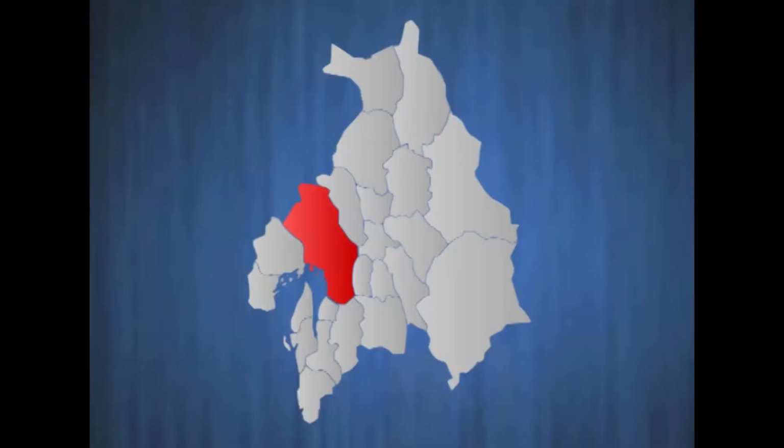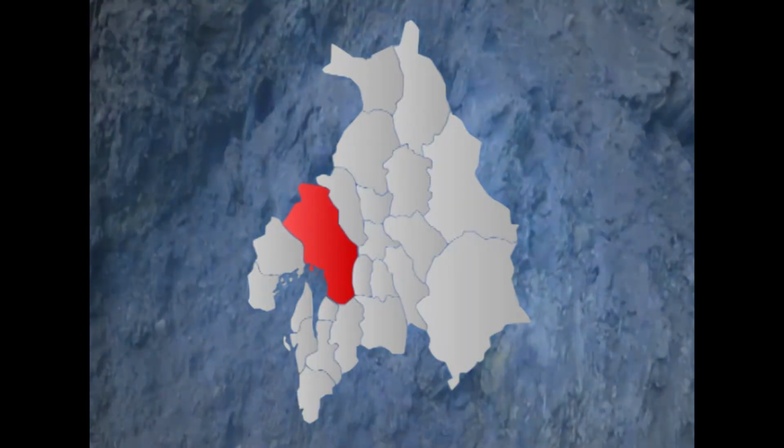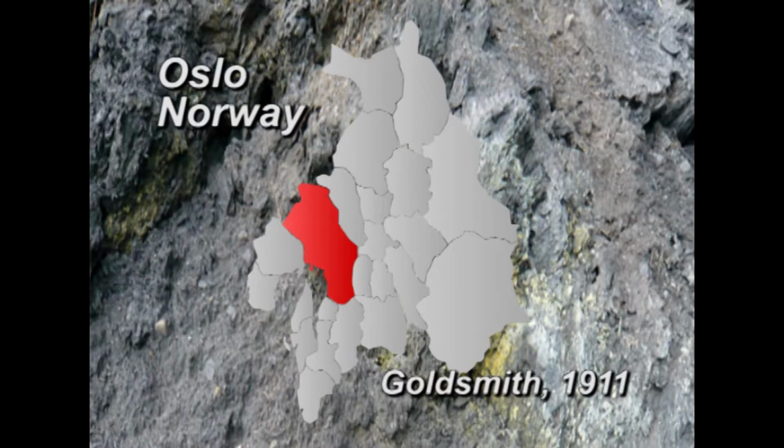If we see the Oslo region of Norway, this was observed by Goldschmidt in 1911. His account of contact metamorphism in the Oslo district is one of the classics of petrology.